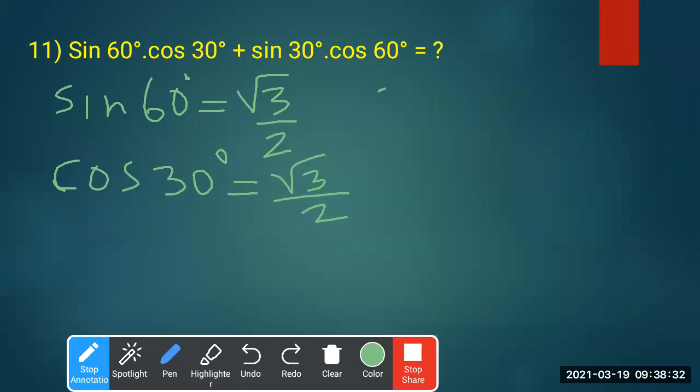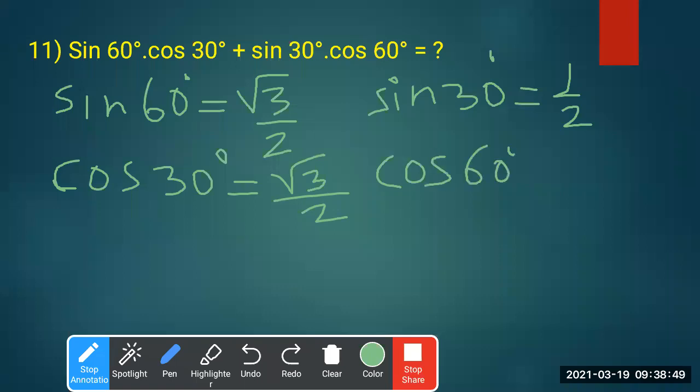Then sin 30 degree, the value is 1 upon 2, and cos 60 degree is again 1 upon 2. So first you write all the values which you want to substitute. Here all these values I have written.